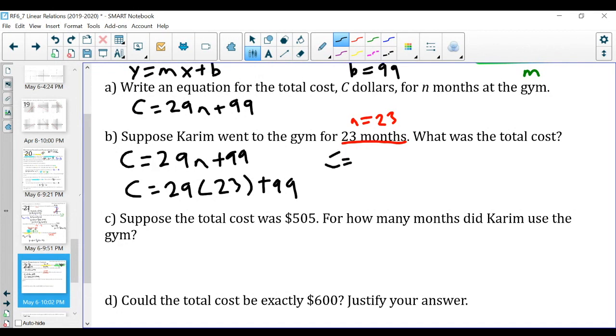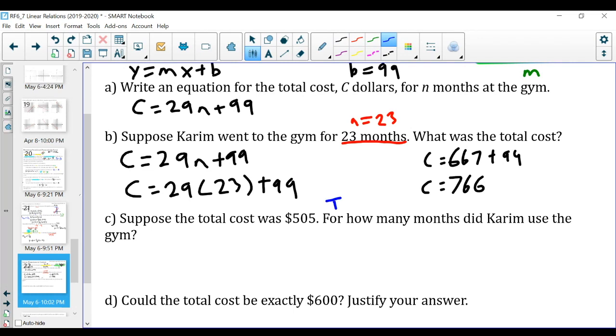So we have C is equal to 667 plus 99, and we get 766. So what I tend to like getting my students to do is to write a little sentence at the end so that they can show me they understand exactly what that value represents.